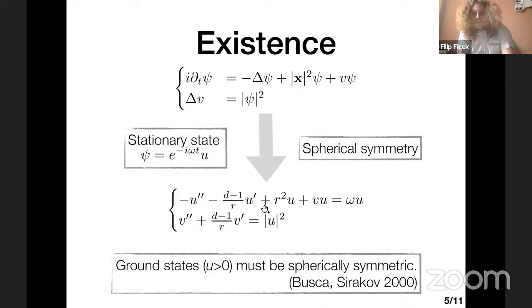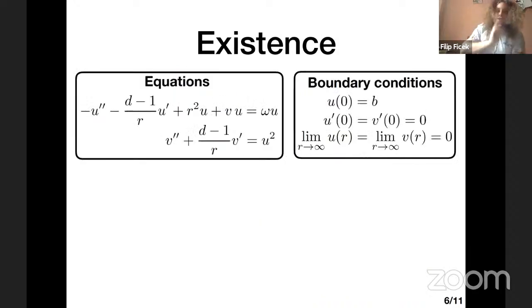So in fact, we have these 2 equations, and now we want to discuss the existence of their solutions. So let me spell out what I mean by this existence. We have these 2 equations for U, which is our field, and V, which takes the form of potential. And the question we are posing is that we want to find solutions with such boundary conditions.